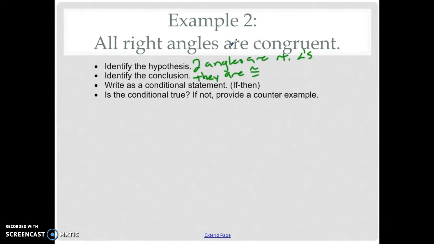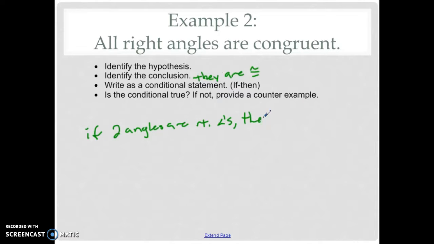And as we go throughout the year, we're actually going to abbreviate this as much as possible and not really write out any words except for if and then. So my conditional statement is, let's move this down here again. So if two angles are right angles, then they are congruent. So is that true?